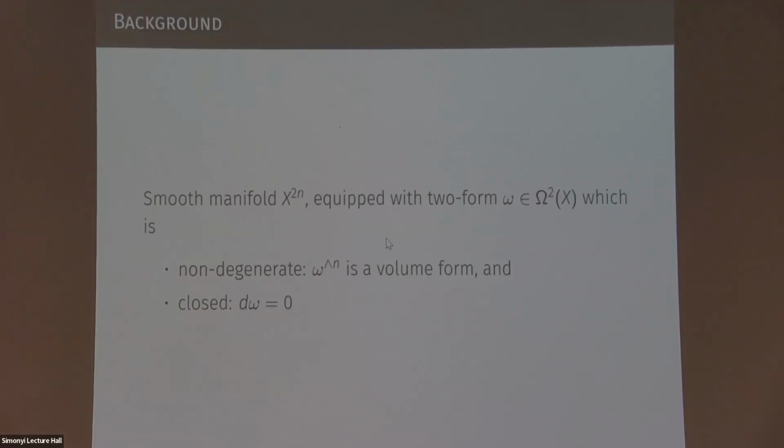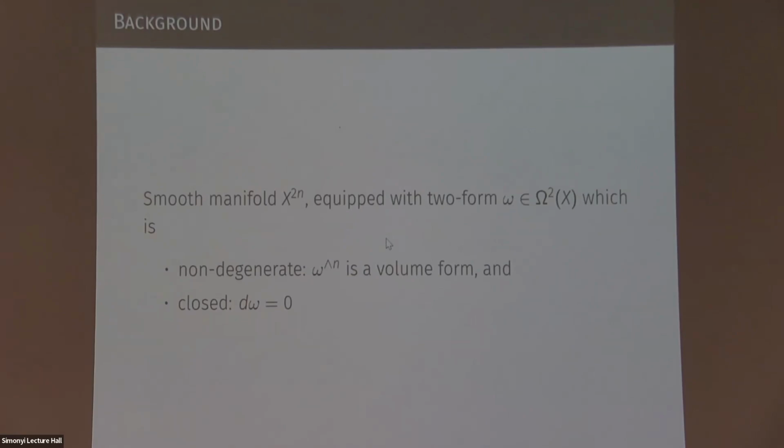Some of this was already covered in the talks last week, but I'll go over it, no harm in reminding. Remember, we are going to talk about symplectic topology, which is the study of symplectic manifolds. These are smooth, even dimensional manifolds equipped with a symplectic form.